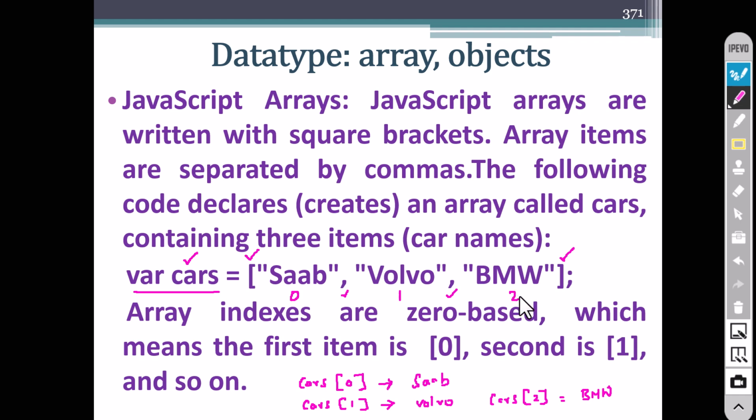And the length of this array is nothing but the number of elements in the array. Here it is 3. So the index of the last element will always be length -1; here it is 3 minus 1, so the index of the last element is 2. It starts with 0 and ends with length -1.